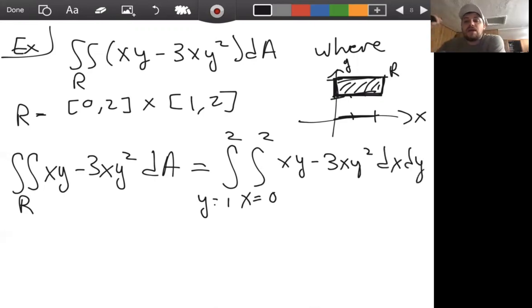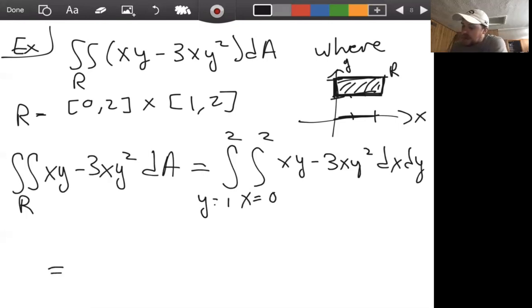And now, when we are integrating with respect to a given variable, we still treat all other variables as constants, because taking the integral is kind of the same as what we do when we take an antiderivative. When we take partial derivatives, we know we need to hold other variables constant. If we're looking at x, we hold y constant. This same idea applies for integration. And so when we integrate with respect to x, we need to hold y constant.